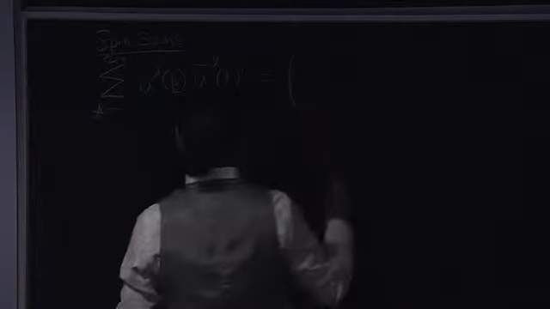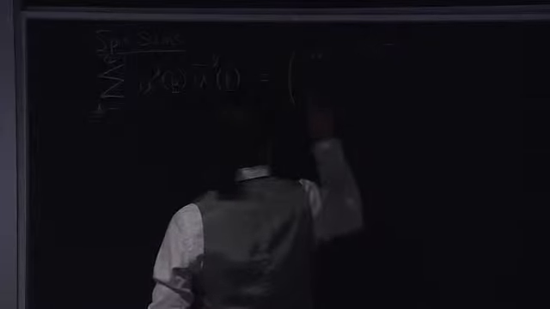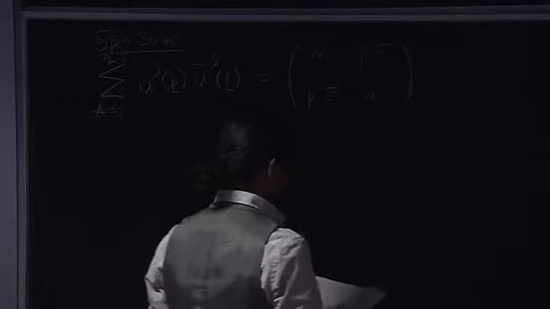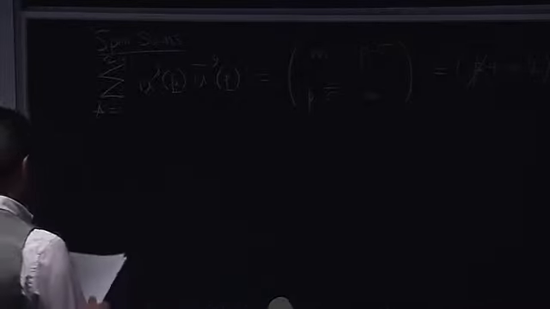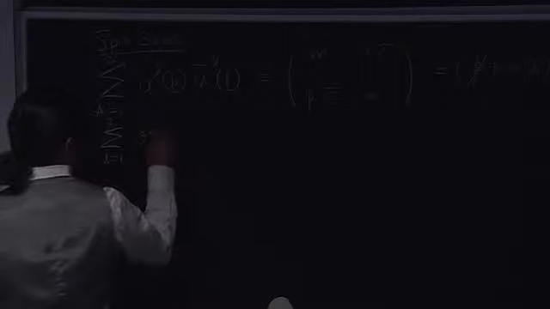Because this is a column matrix and this is a row matrix, this object is a 4x4 matrix. This is a statement of completeness of these on the positive frequency space of solutions. And then we have a similar spin sum for the v spinors.